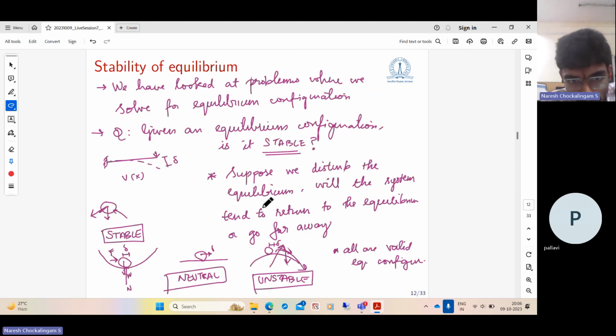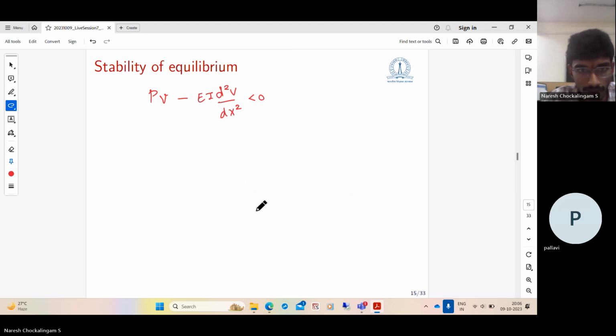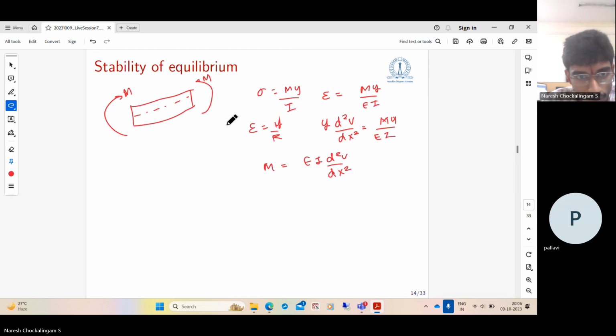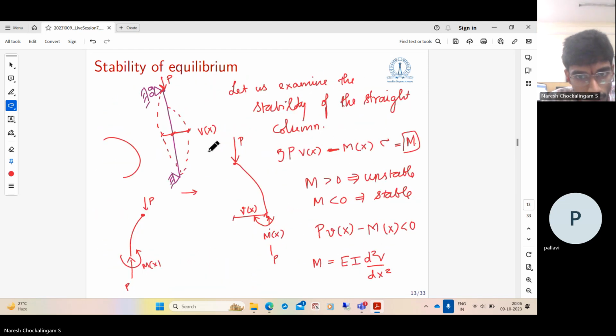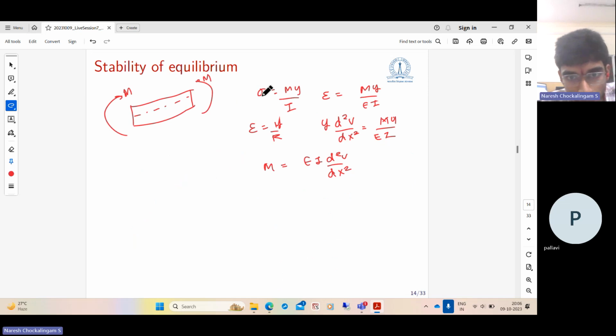One minute, let me check. Oh sorry, sigma, there's a minus sign here, right? So sigma is equal to minus My by I. So under a sagging moment, at the top you have a compressive force.